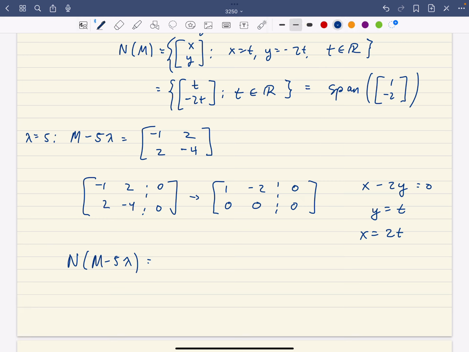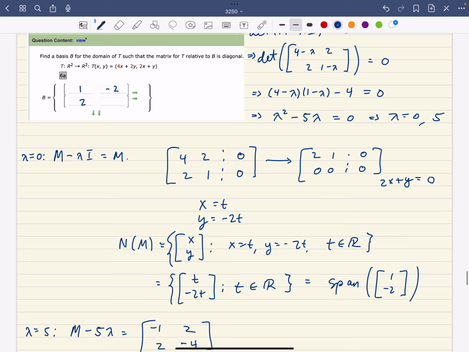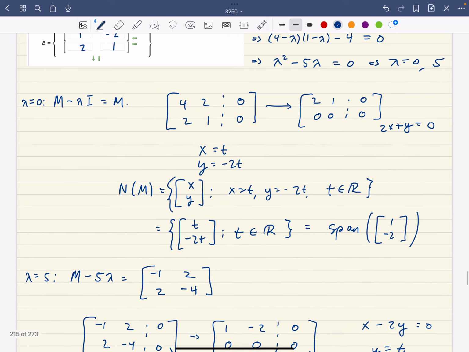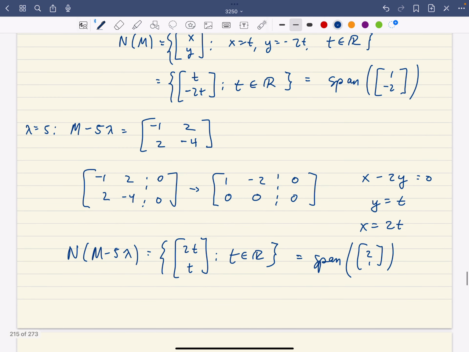This is the set of all vectors of the form 2t, t, where t is a real number, or you can think of it as the span of the vector 2, 1. And so 2, 1 is the second vector that would go here. So we'd have 1, negative 2, 2, 1. Okay, so that's the process for number 6.